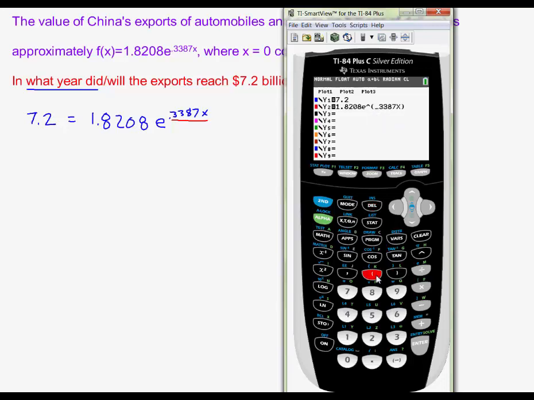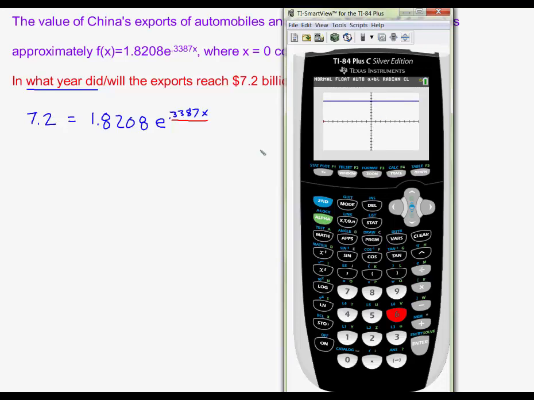I think we're going to get lucky here in that our answer shows up in what's called the standard window. The standard window shows from -10 to 10 on the x and y axes. I know that y equals 7.2 is a horizontal line through 7.2, which is a number between -10 and 10. So at least at first, if I was to press zoom, and then option 6 is standard, so I press 6, I will at least see the horizontal line y equals 7.2.